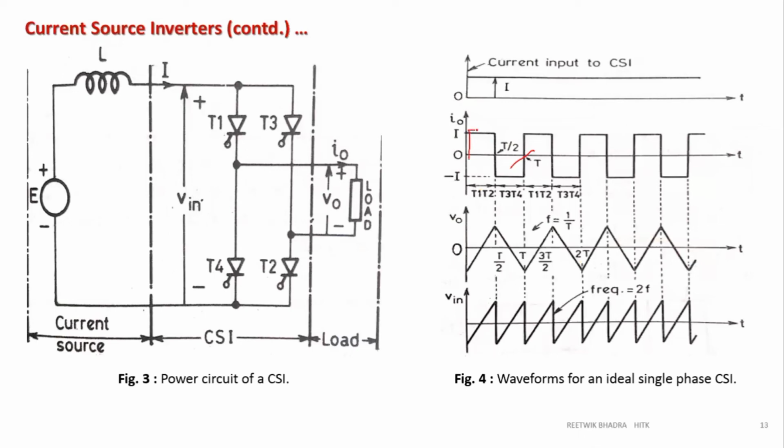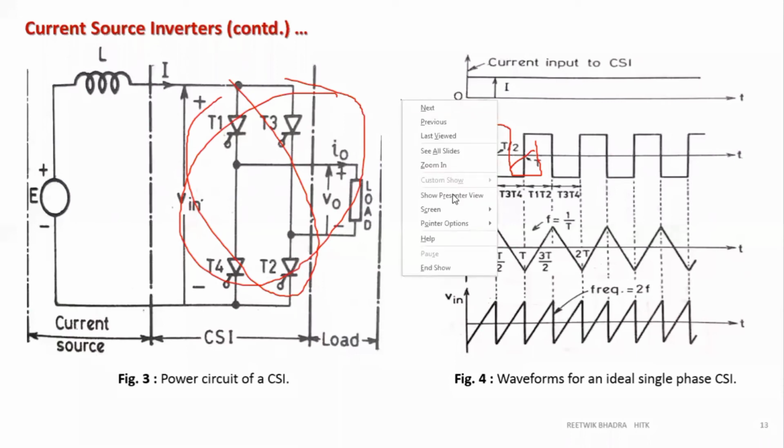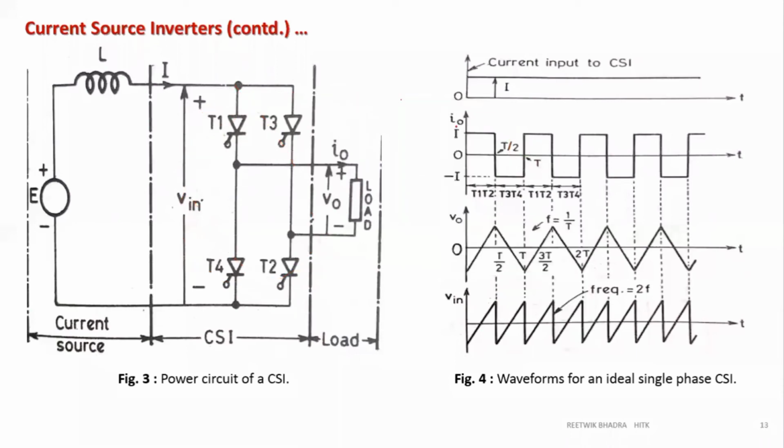If I change my figure like this, this is my T1, T2, this is my T3, T4, so obviously the frequency will change. So it depends on how you turn on T1, T2 and T3, T4. The switching frequency will determine the frequency of your output current.